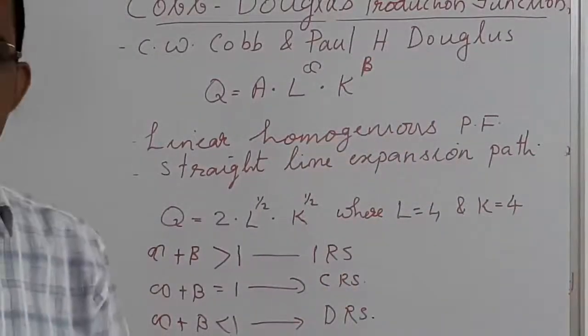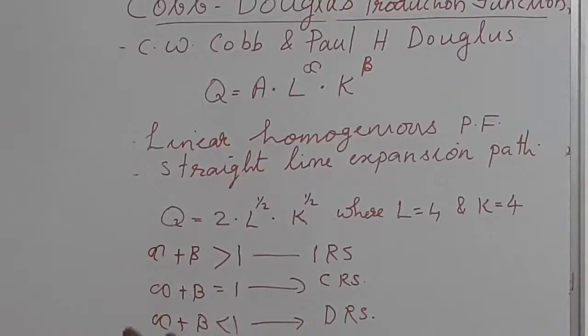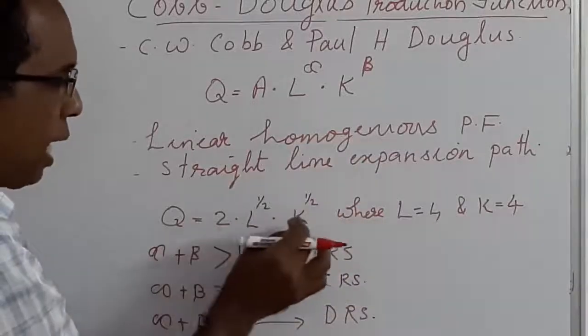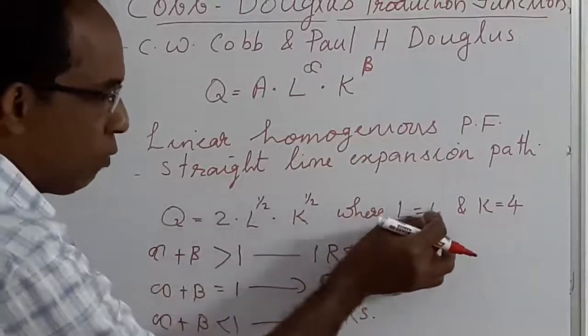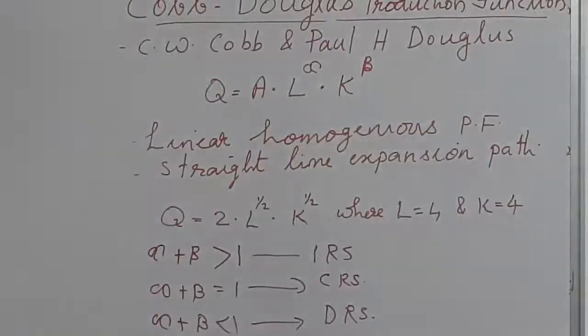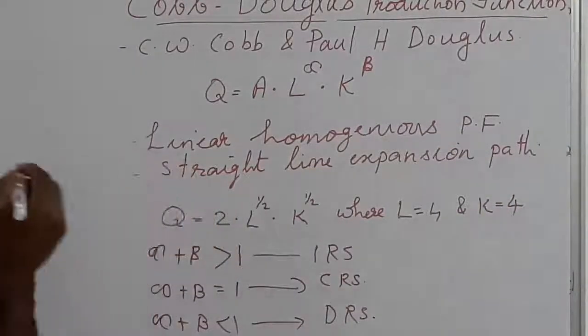How do we calculate the output by using this production function? Just substitute the units of labor and capital used in the economy. Now let us substitute these values.